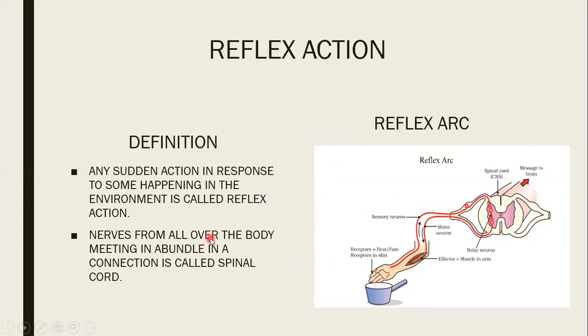Okay, so reflex action we are understanding now. Any sudden action in response to some happenings in the environment is called reflex action. Example, touching a hot object, or you accidentally prick yourself on a thorn or a glass piece. So these are examples of the reflex action. Let us understand in detail about this particular example.